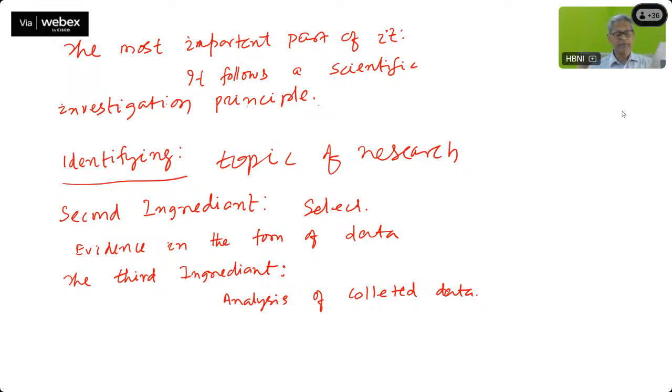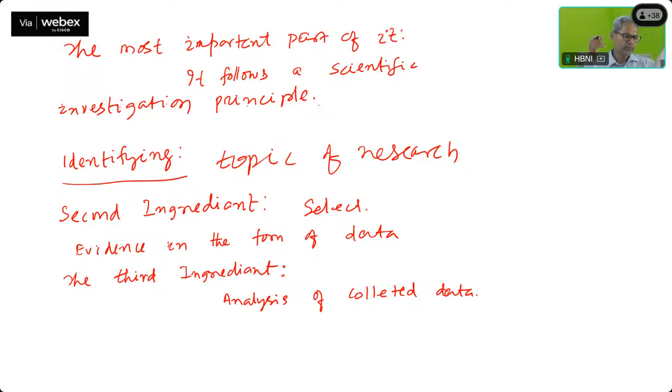In an experiment, you collect a huge amount of data. If you look at high energy physics experiments, they collect terabytes of data.